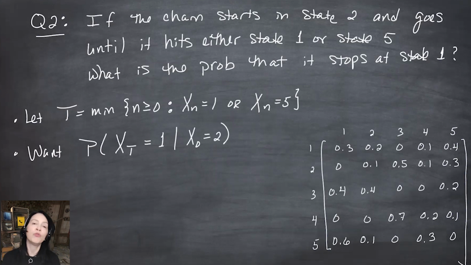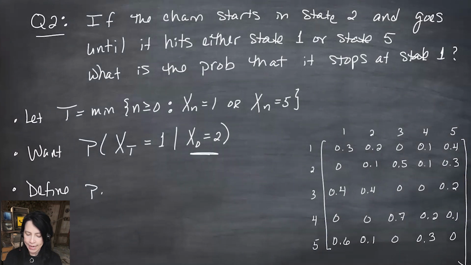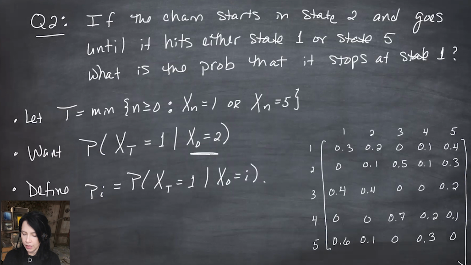And just like before, we're going to do a first step analysis. We're going to start at 2, we're going to go 1 step and reevaluate. And this means that we're going to need to change the starting value up. So we're going to define lowercase p sub i to be this probability starting in state i. Now what we want to find is p2.